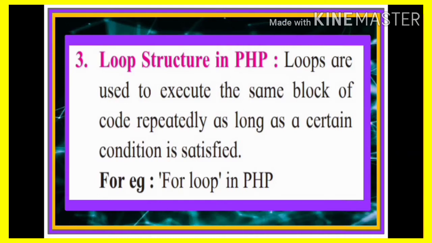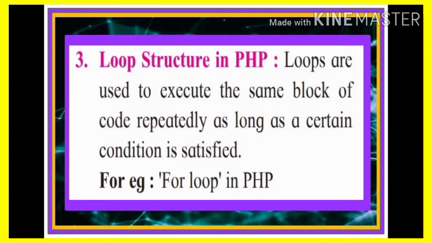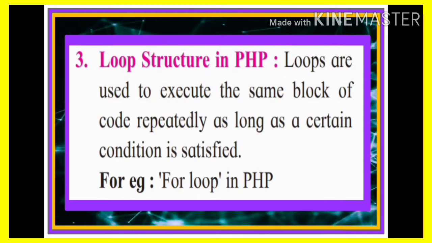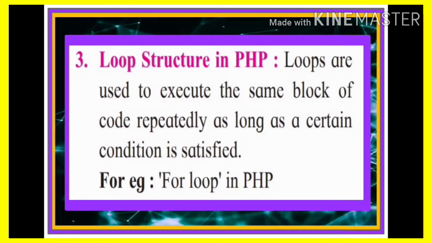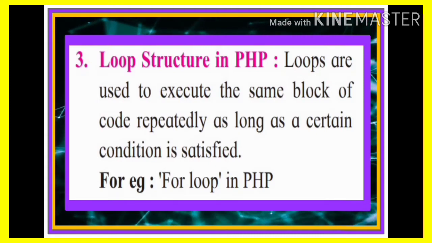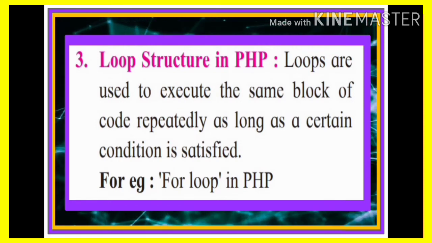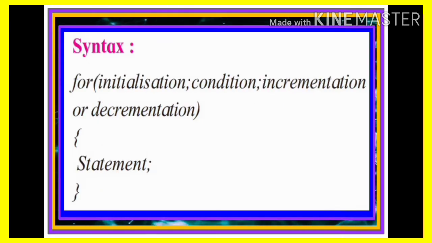Let's see loop structure in PHP. Loops are used to execute the same block of code repeatedly as long as a certain condition is satisfied. For example, the for loop in PHP. Let's see the syntax of the for loop in PHP.